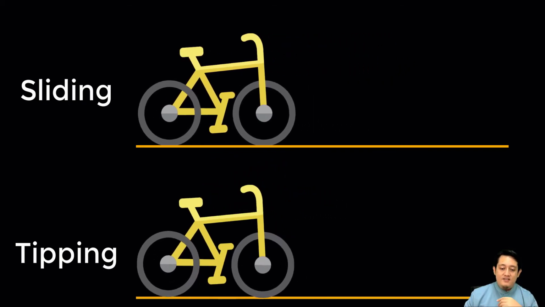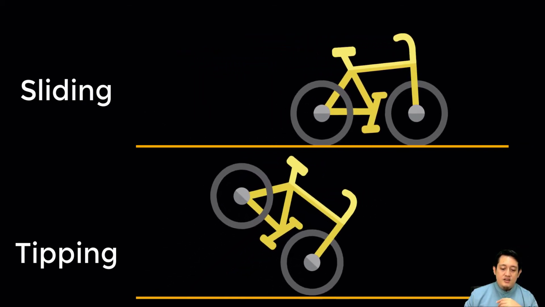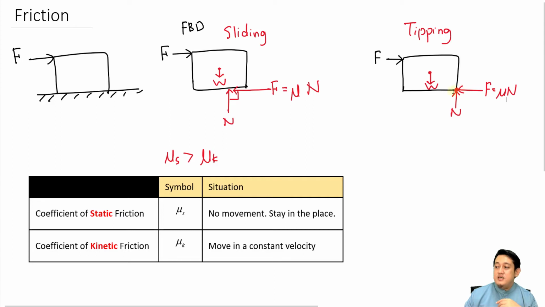So the location of the normal force must be at this one, at the bottom tip of the object. Okay, so this is the basics of friction.